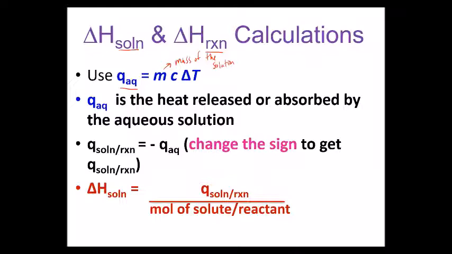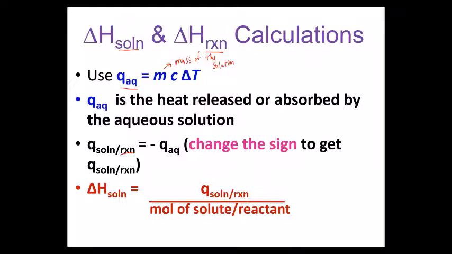So Q aq is considered from the surroundings perspective. Q solution, or Q reaction if you're talking about a reaction taking place in an aqueous solution, is going to be the opposite sign. So say, for instance, Q aq is negative, that means that the temperature dropped, so it's endothermic. The water got colder, basically, in the process of this dissolving or reaction.